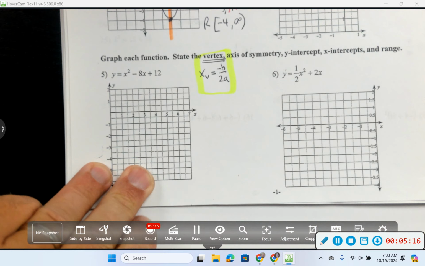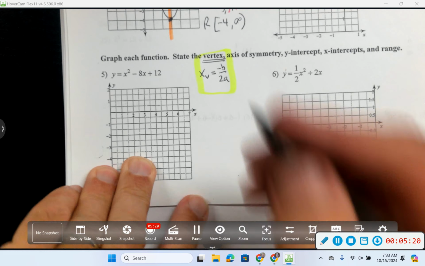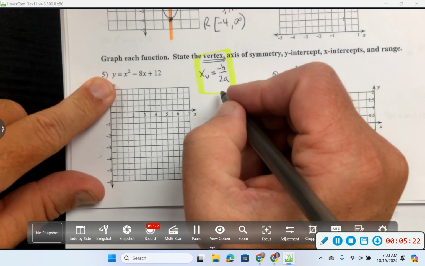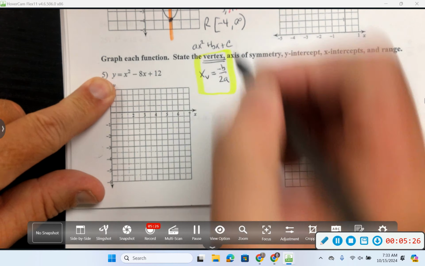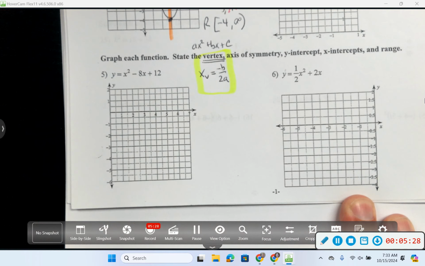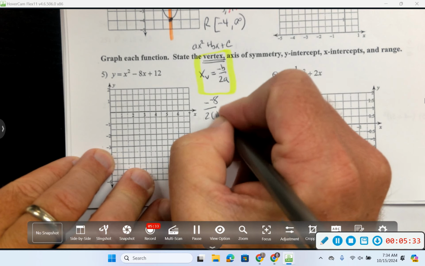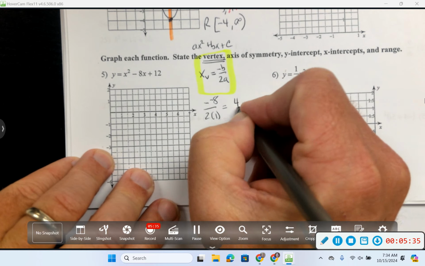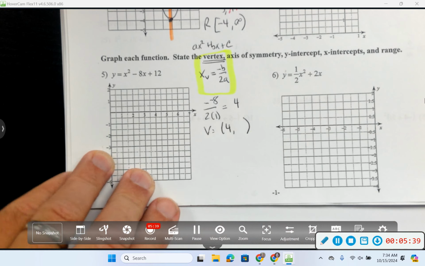Figure everything else out, but negative b over 2a gets you the x-coordinate of the vertex. Again, assuming it's in ax squared plus bx plus c format. So negative 8 over 2 times 1 would be 4. So that's the x-coordinate of the vertex.